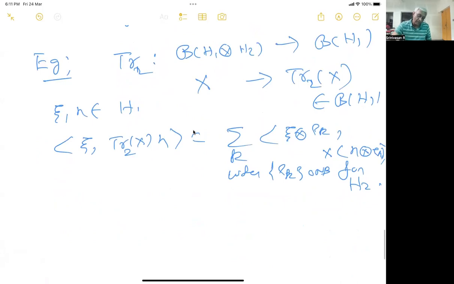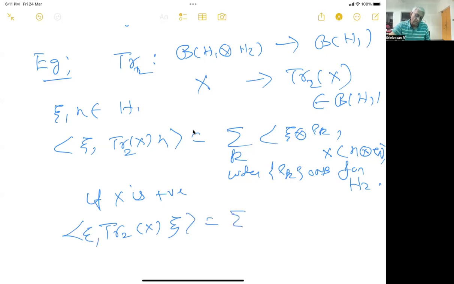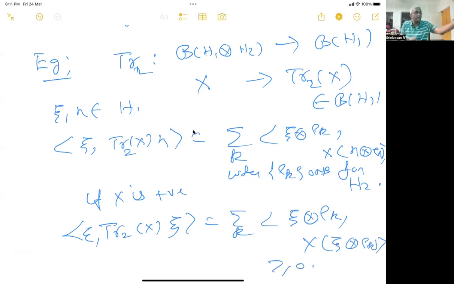So from this, it's clear that if x is a positive operator, then trace 2 of x, xi, xi is equal to the summation over k of xi tensor e_k, x of xi tensor e_k, and this is greater than or equal to 0, right?